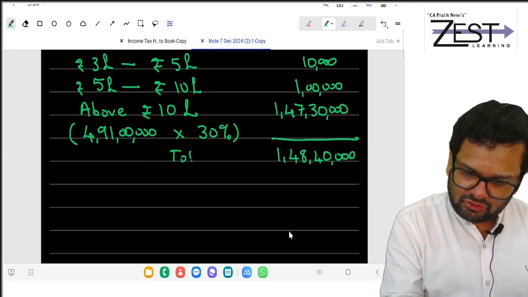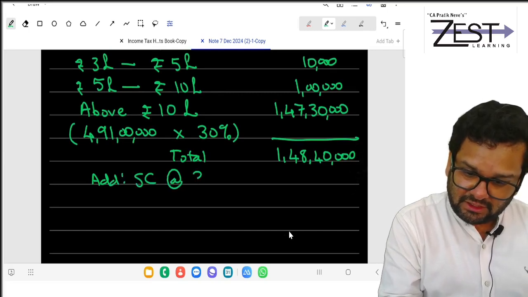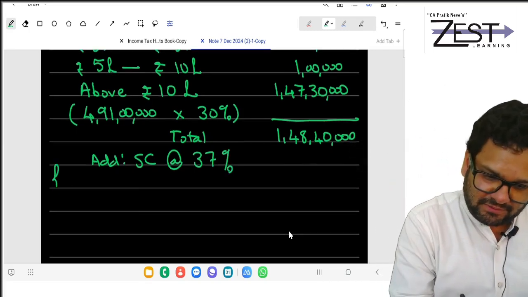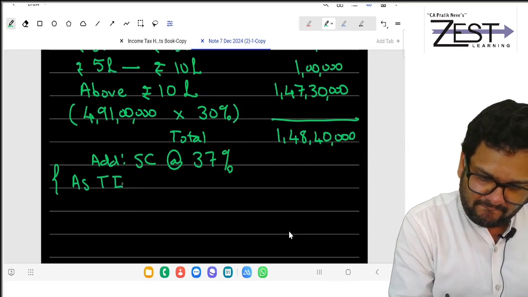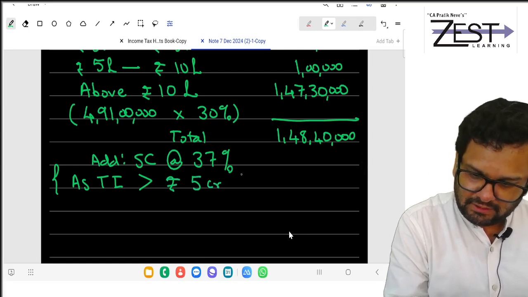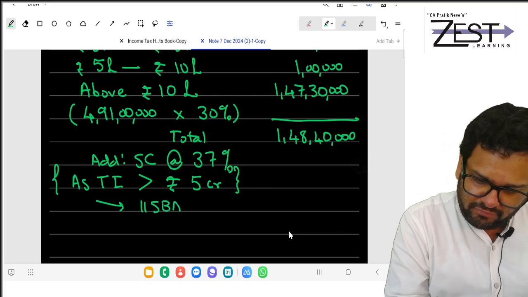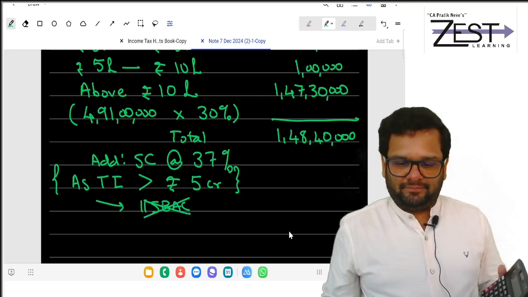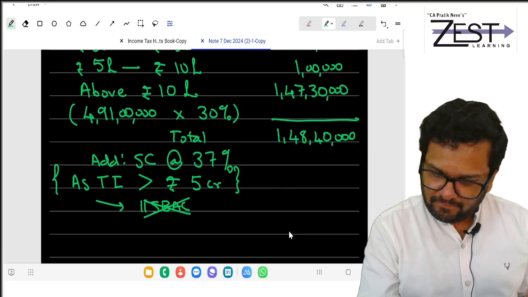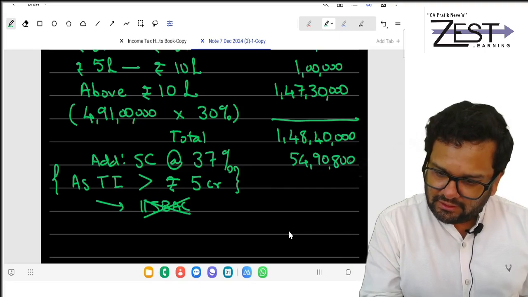This is on this, surcharge at 37%. Why 37%? You're opting out of 115BAC. When you're out of 115BAC, this applies. That's why 37%. How much? Can you believe 54 lakh 90,800 is your surcharge?